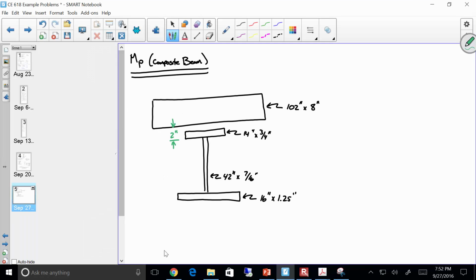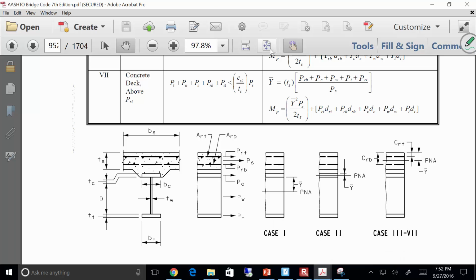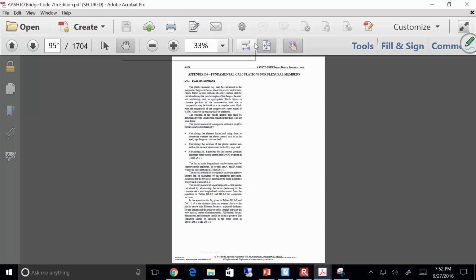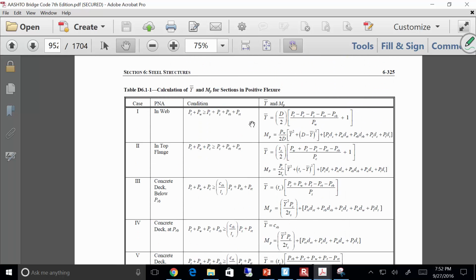Should look something like this. Okay? Now, I want to look at this first table, and it says calculation of Y and MP for sections in positive flexure. Now, the first thing we got to do is figure out what case governs. Okay? Now, remember, we're only going to really have Case 1, Case 2, and Case 3, because none of that rebar stuff is going to matter for us since we're looking at positive bending, and we're going to assume all the rebar terms go to 0.